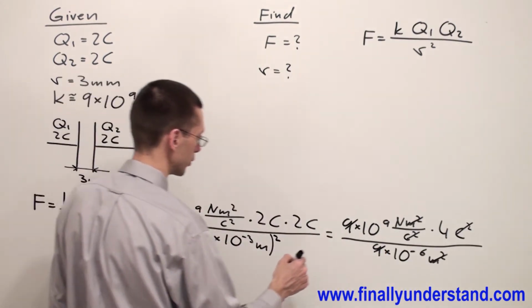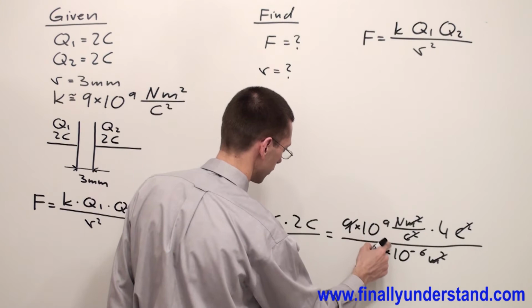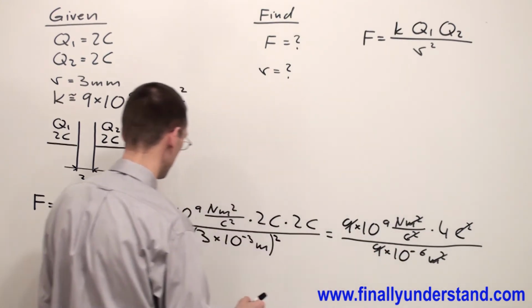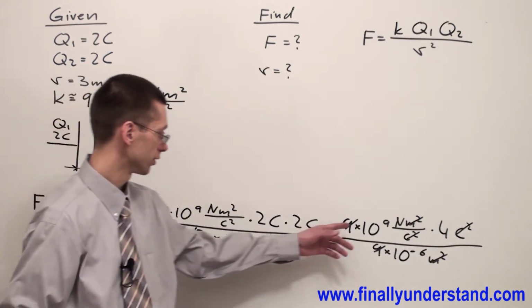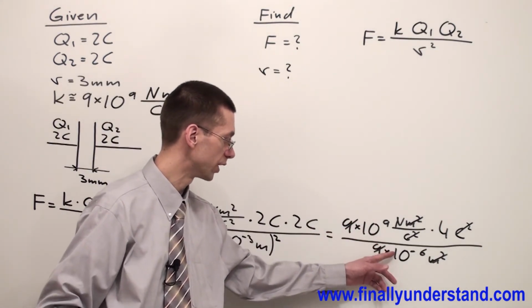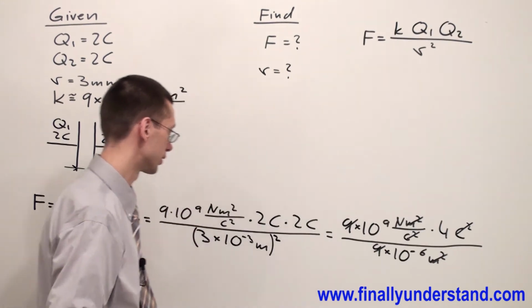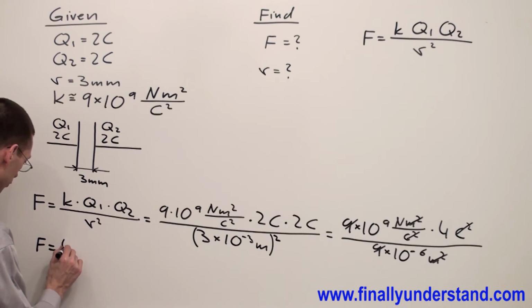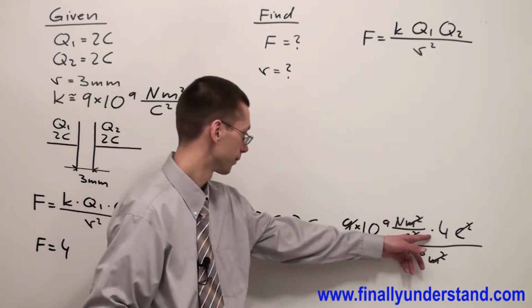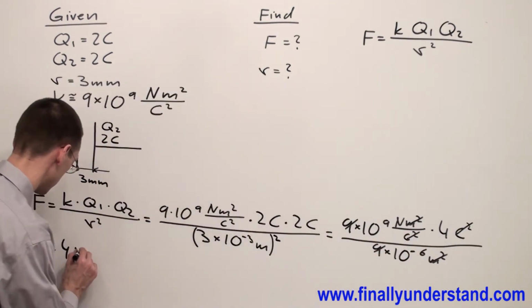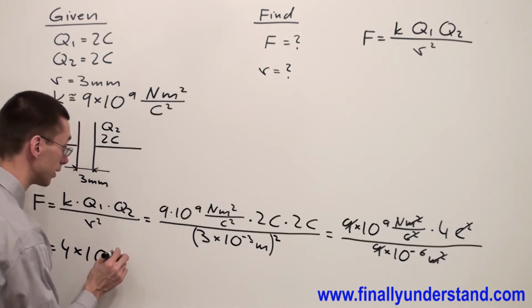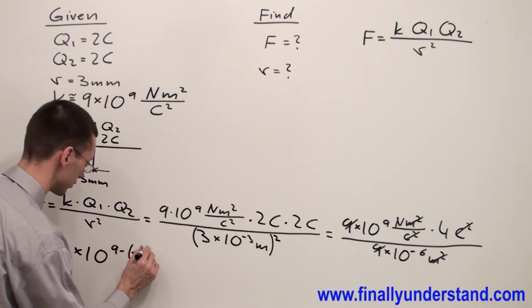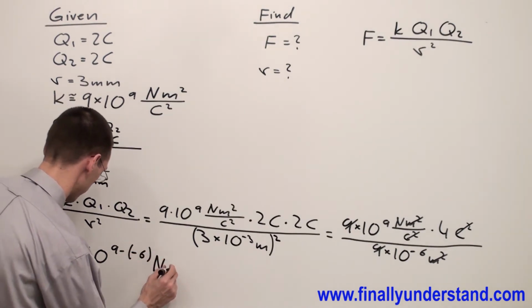Let's take a look at what we have. We have 10 to the 9th over 10 to the negative 6. Remember, anytime we have division and we have the same base, we keep the base and subtract the exponents. That's why my F is equal to 4, because 4 is going to stay, times 10 to the 9 minus negative 6 newtons.